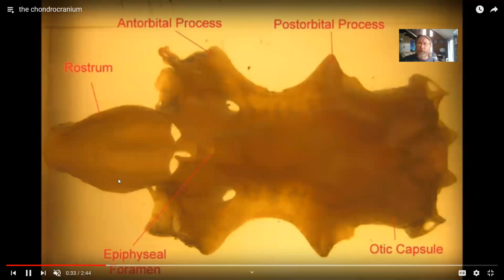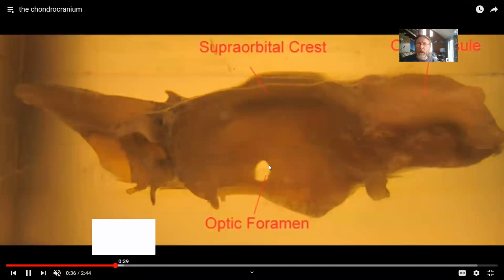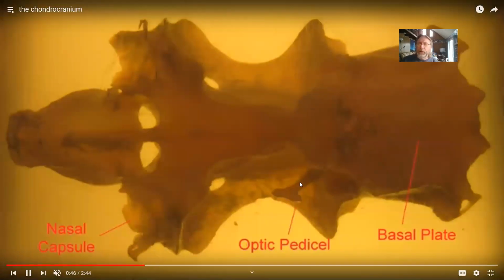Here, the eye would fit, the nasal capsule. Here, there is an opening for the optic nerves, an optic foramen. Here, once again, you can see ridges in the area which would surround the orbit. And here you can see a pedicel, a fragile piece of cartilage which actually supports the eyeball. But just an interesting note on the pedicel.